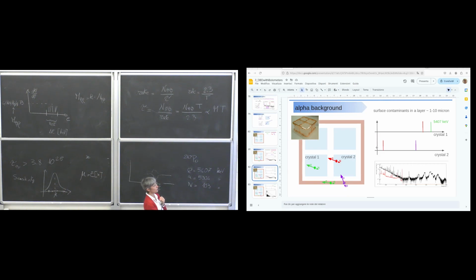So events where only one crystal is firing, no other crystal in my coincidence window. So this can be removed. They populate this region, but I can remove them. While this populates this region, and they are my problem. And the only solution for this, unless I remove completely all the inert materials, is to clean this surface very well.